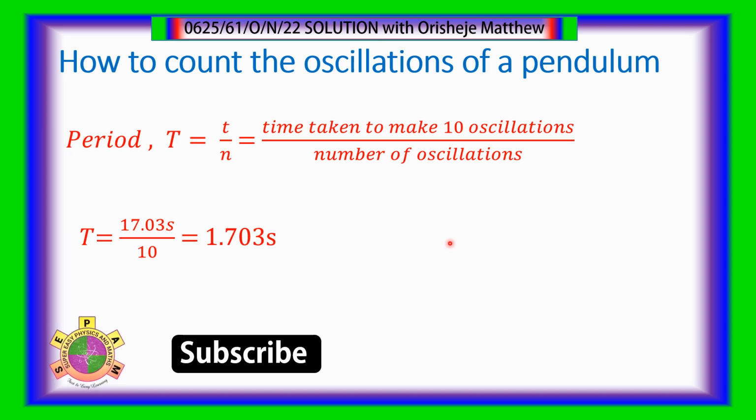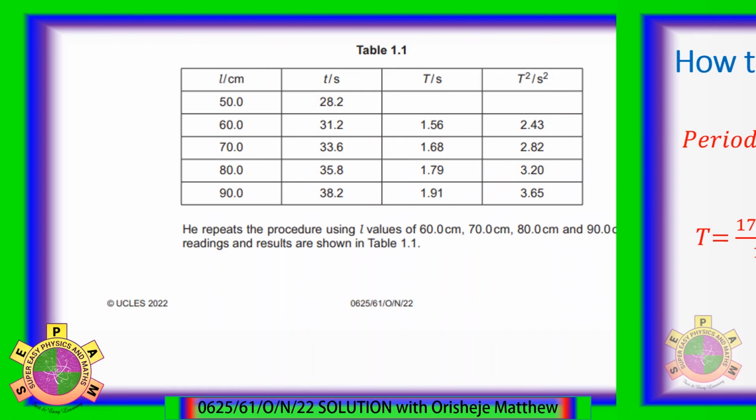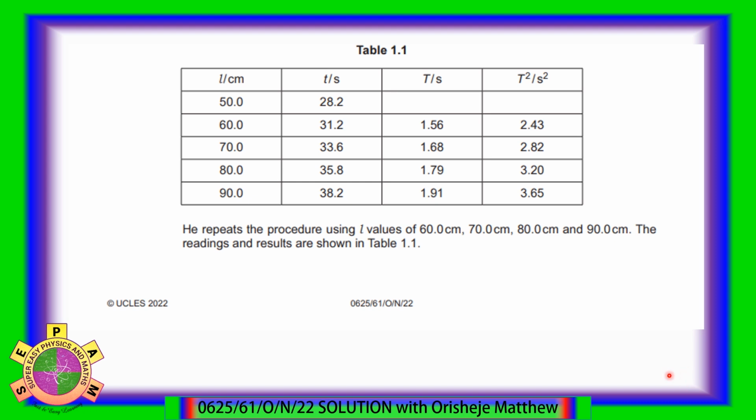So let's go to the question paper and continue with it. In this question paper, we are expected to calculate the period for 20 oscillations. So complete this table here and then calculate the square of the period.